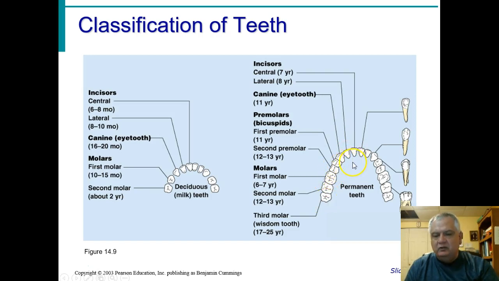So human dentition is sometimes referred to as 2, 1, 2, 3. 2, 1, 2, 3, indicating the different classifications of teeth on either side. Okay.